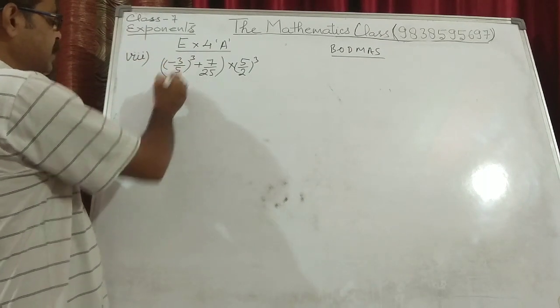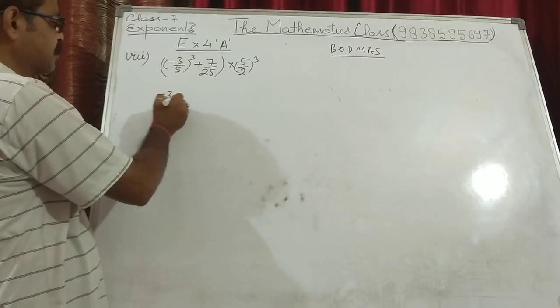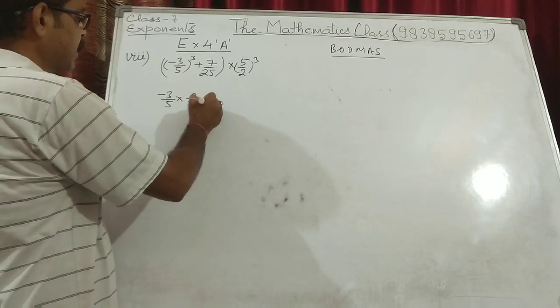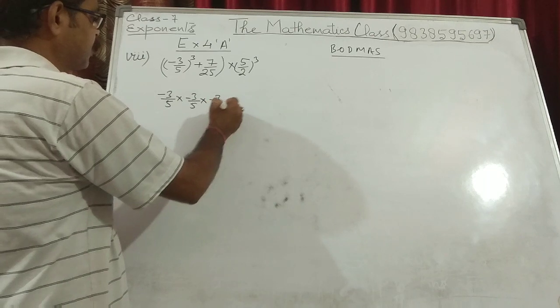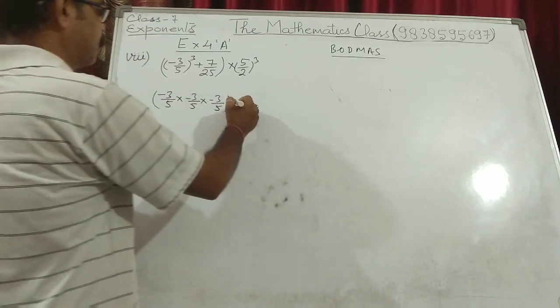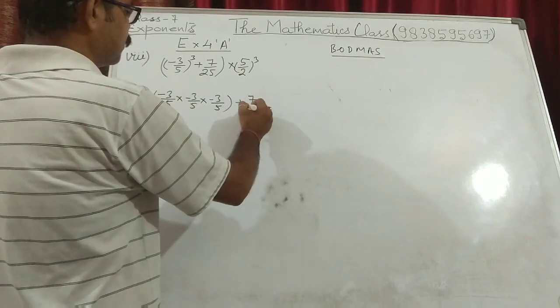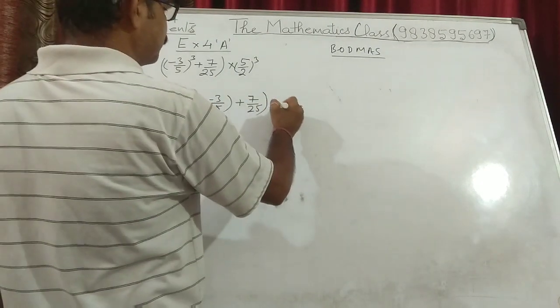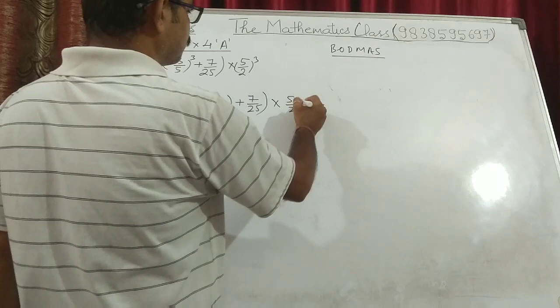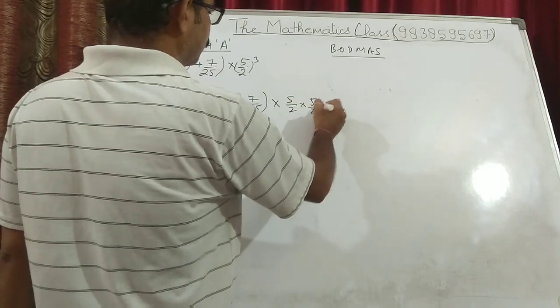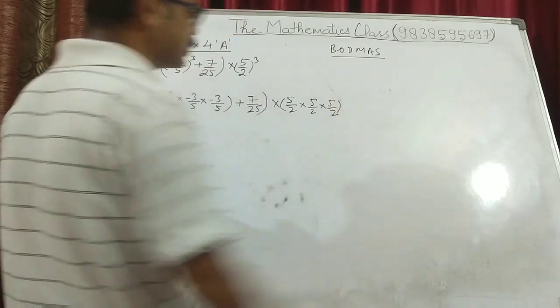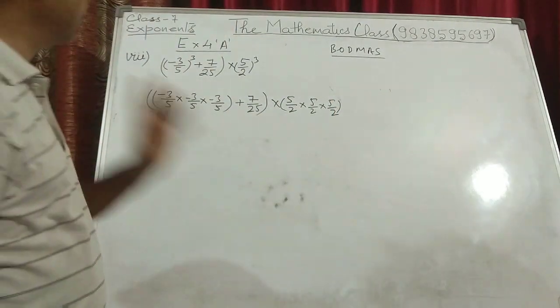Now this can be written as minus 3 upon 5 into minus 3 upon 5 into minus 3 upon 5 plus 7 upon 25, and then into 5 upon 2 into 5 upon 2 into 5 upon 2. What I have done is I have just expanded everything.